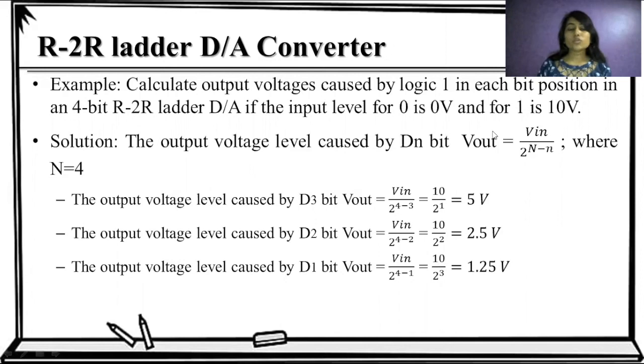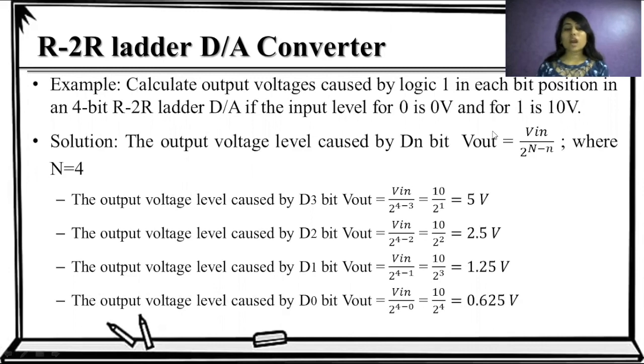The output voltage level caused by the D1 bit: Vout equals Vin divided by 2 raised to 4 minus 1. So we have 10 divided by 2 raised to 3, so 10 divided by 8. So we have the answer 1.25 volt.